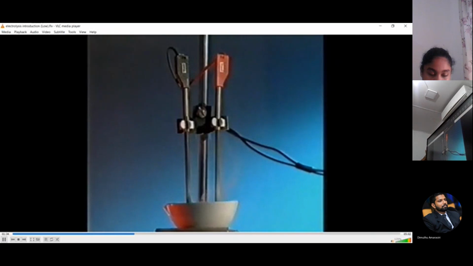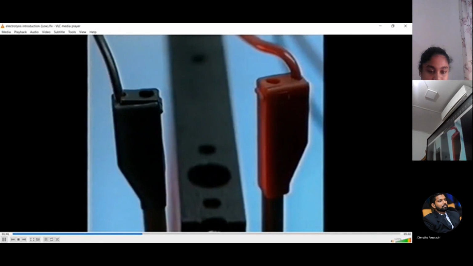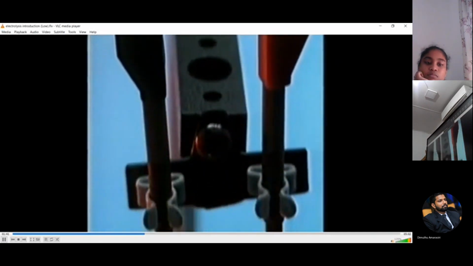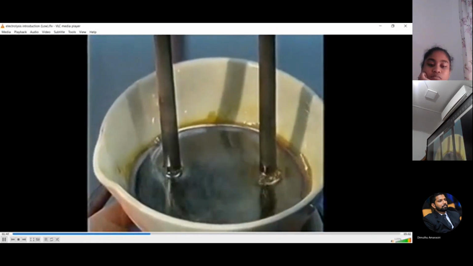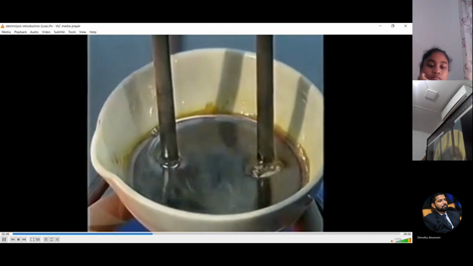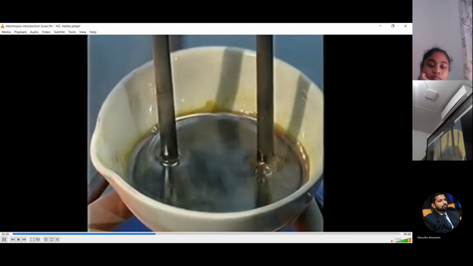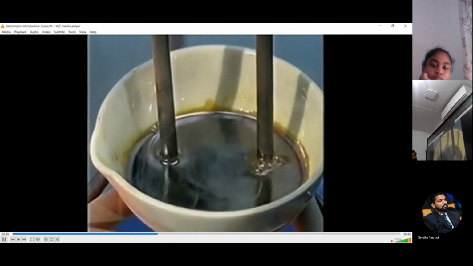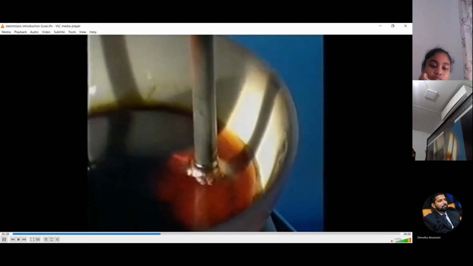In this circuit, the electrode on the right is positive. The one on the left is negative. As electricity passes through the molten lead bromide, chemical reactions start. On the left, at the negative electrode, nothing appears to be happening. But at the positive, bubbles mean a gas is being produced.